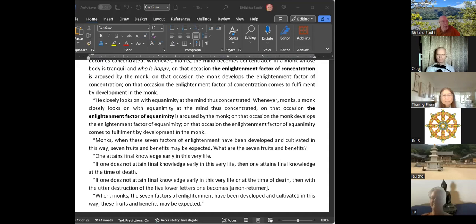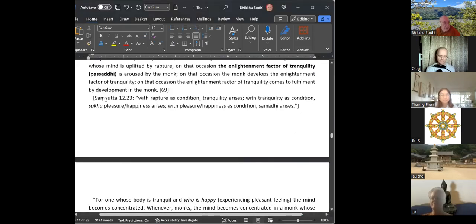A question that sometimes occurred to my mind, and other people have raised, is why do the seven factors of enlightenment end in equanimity, which seems connected with samadhi, rather than ending with panya or wisdom? In the sutta I referred to a little while ago from the Samyutta Nikaya, it says that with pleasure as condition, samadhi arises.